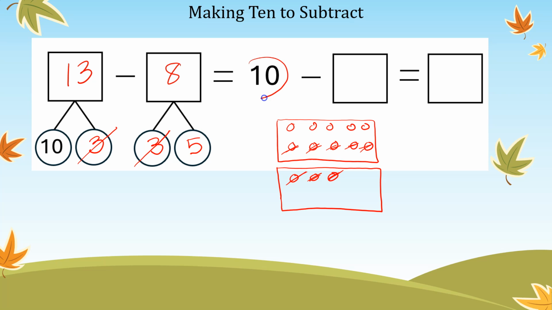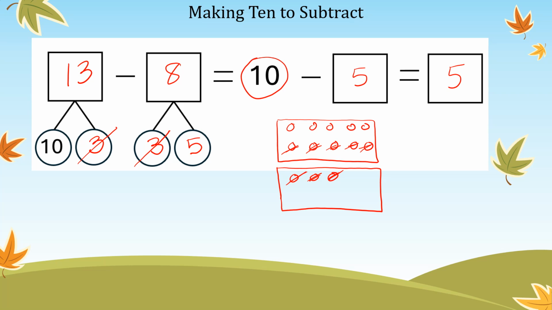We are now left with 10 minus 5. That's the thing that's left to subtract. So 10 minus 5 is now 5. All right. So that is the intent of the lesson.